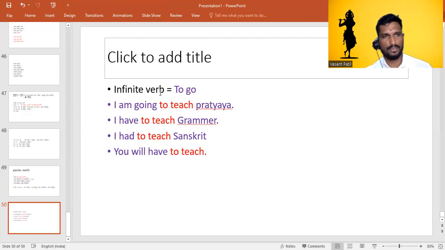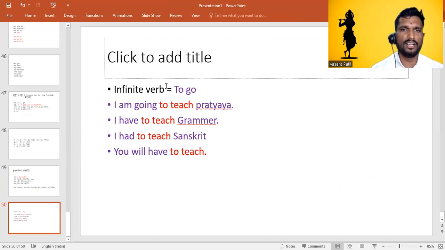Okay, this much. In order to study. This is also, to study is infinitive form. Any example can you guess? Many places we use to and verb.